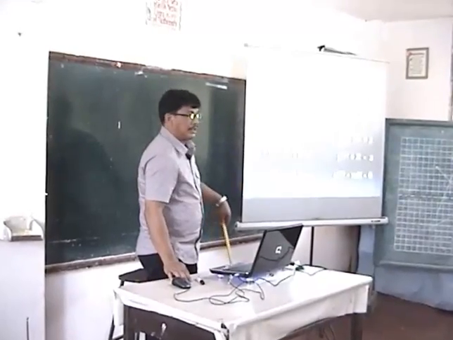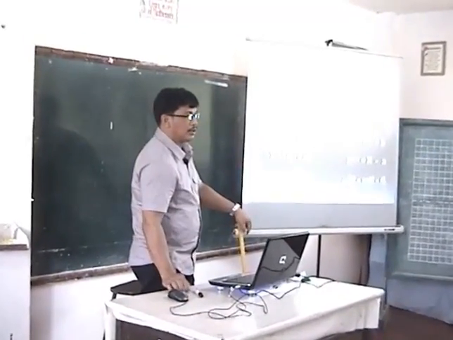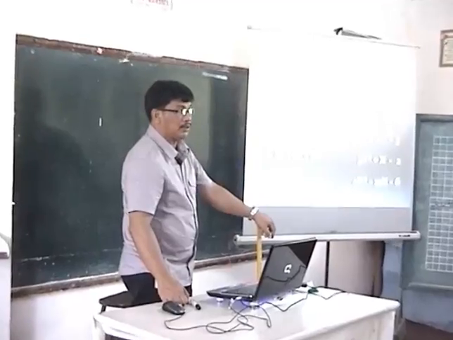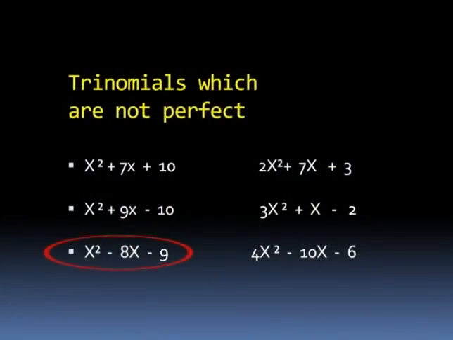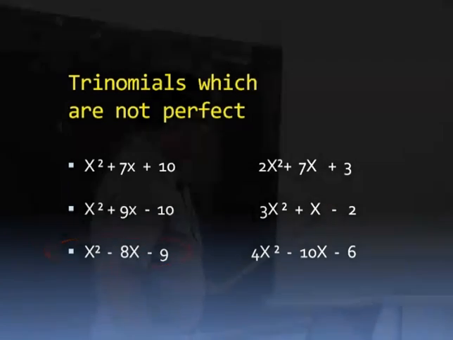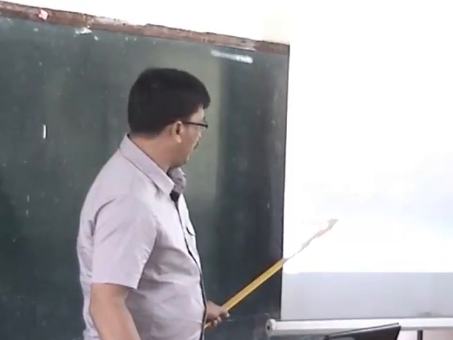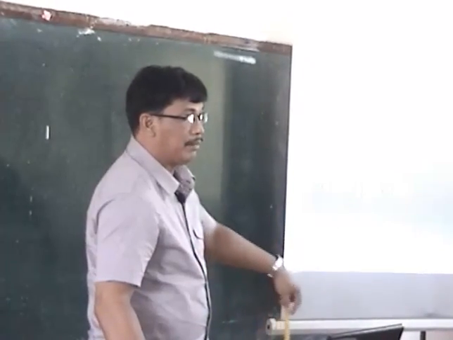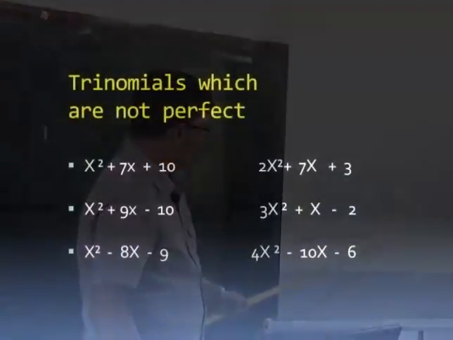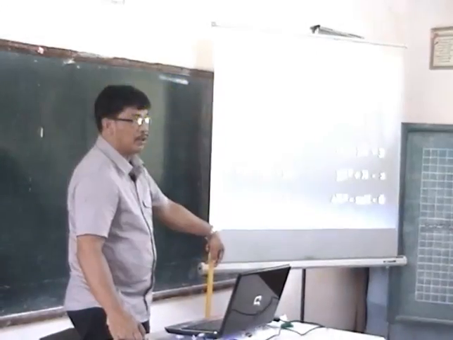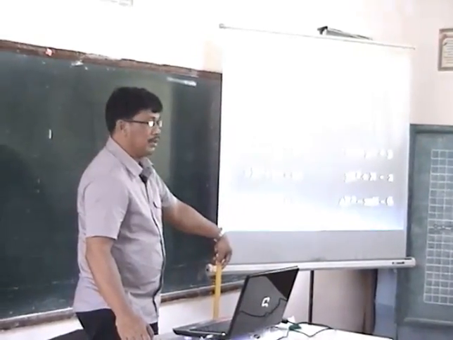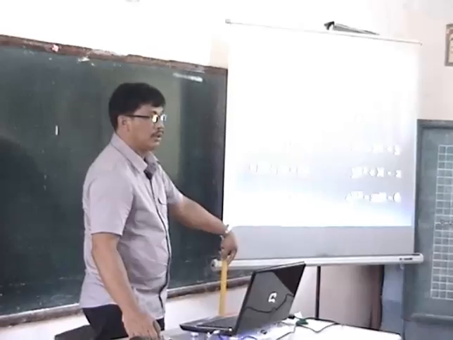There are some cases, class, or examples of quadratic trinomials which are not perfect squares. Like this, x squared minus 8x minus 9. Both the first term and the last term are perfect squares, but the middle term will be exactly different from the sum of the factors of the square roots of these terms.